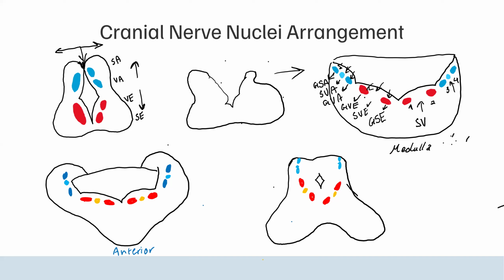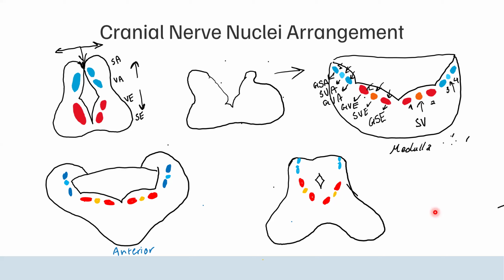And because of that, you will no longer only have your general somatic efferents, general visceral efferents, general visceral afferents and general somatic afferents. You will also begin to have those structures here, which are from the pharyngeal arches. These give rise to a special visceral efferent and a special visceral afferent.